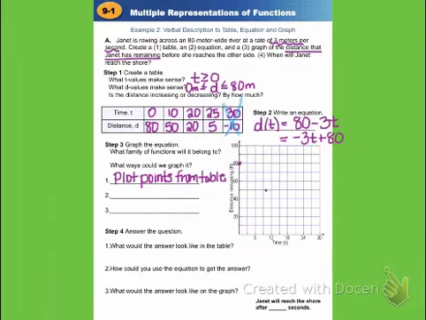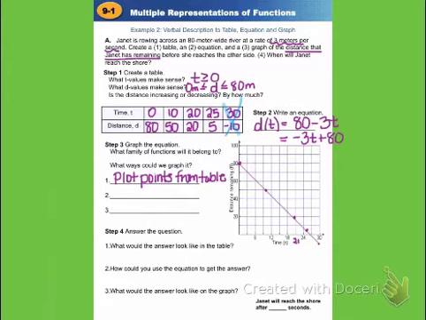Then we could plot 20 and 20, and then we have our 25 and 5. The 30 and negative 10 would actually be off the graph down here. And then of course we could just connect them and we have our line.